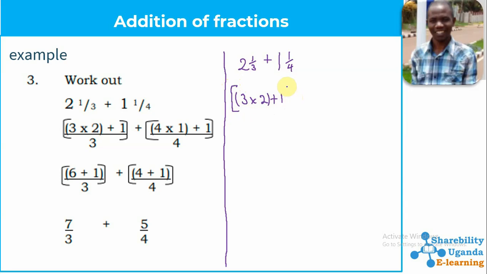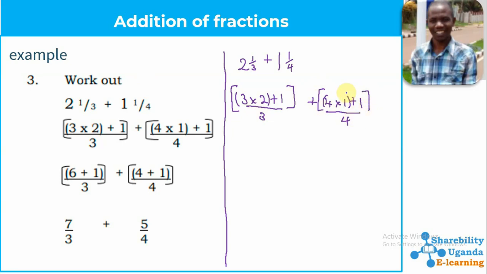The whole of this should be out of 3. Then you also do the same for the other one: 4 times 1 plus 1. This is going to be out of 4.